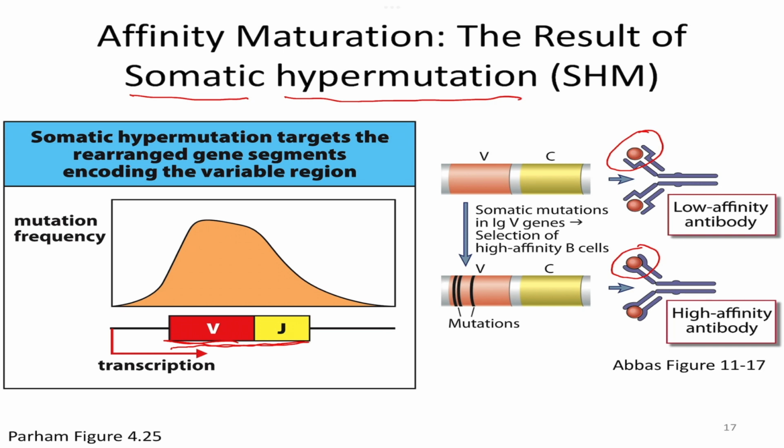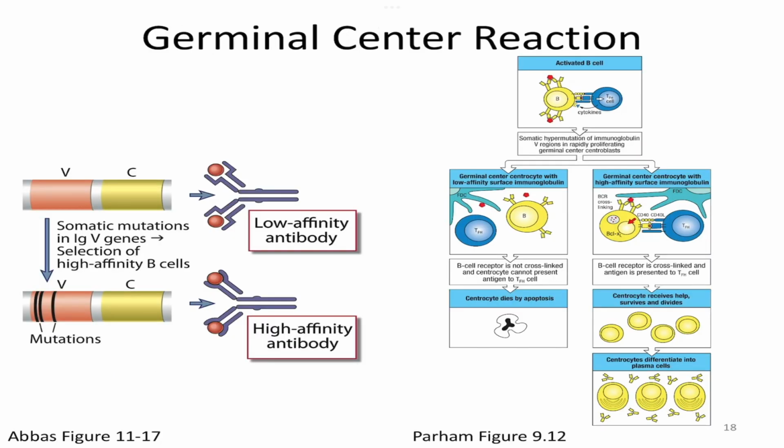But you might say, well, how are we sure that the affinity is going to improve? What if we make point mutations and we destroy the variable region or make the affinity worse? How do you know that these point mutations you're telling us about are actually improving the affinity? And that is the sort of goal of the germinal center reaction.